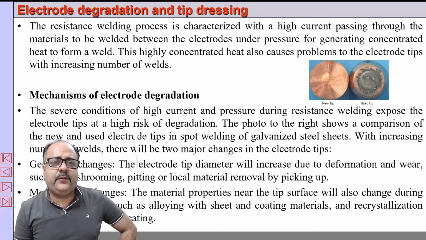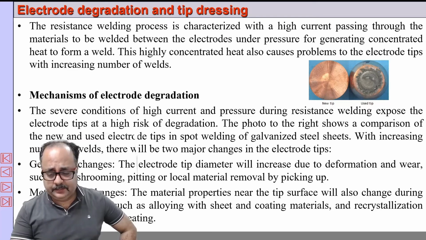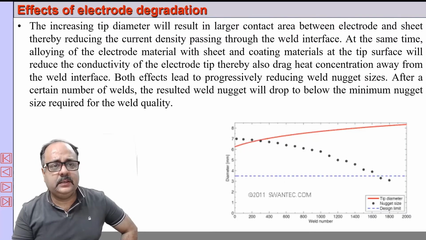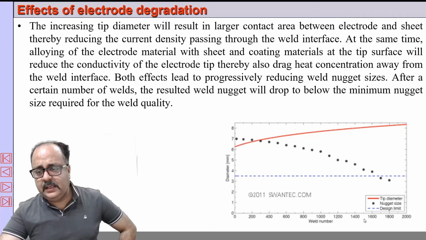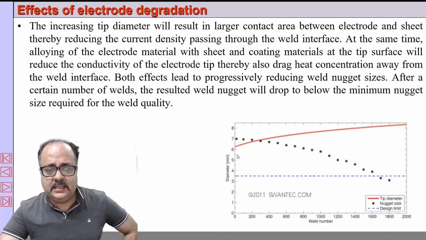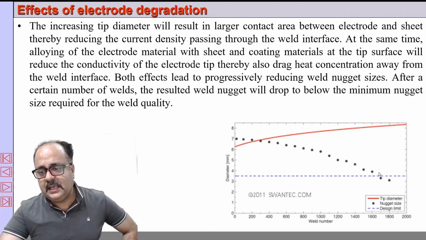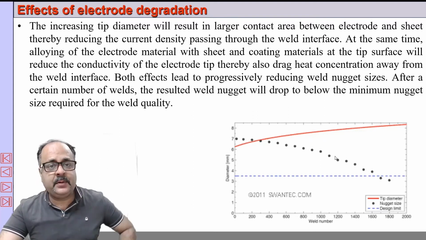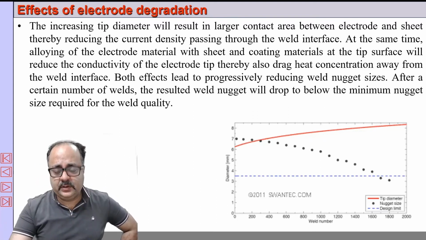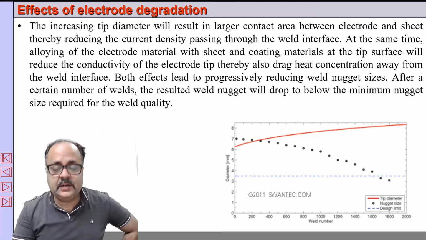There is a number of welds that it can do. After a certain point, one has to replace it or dress it. You can see that with the number of welds being done, the nugget size is decreasing and the tip diameter is increasing.